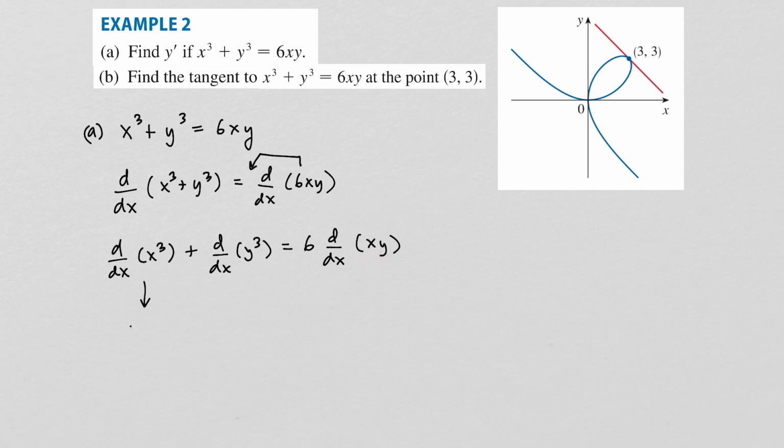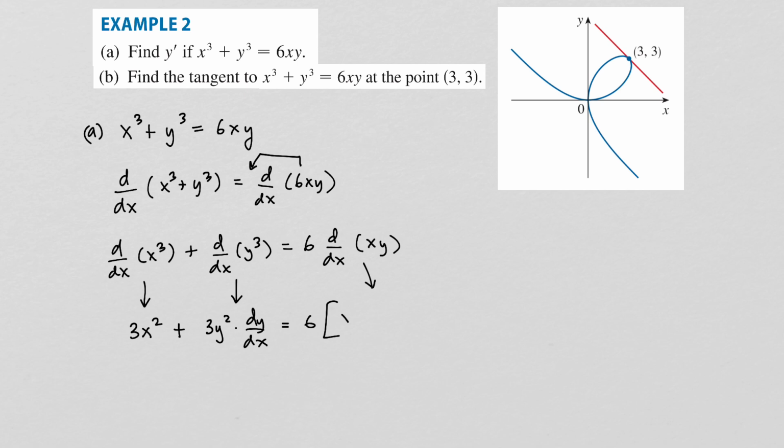The derivative of x cubed with respect to x is 3x squared. The derivative of y cubed with respect to x is 3y squared times dy dx. On the right-hand side, we have 6 multiplied by, and now the derivative of xy is a product rule.